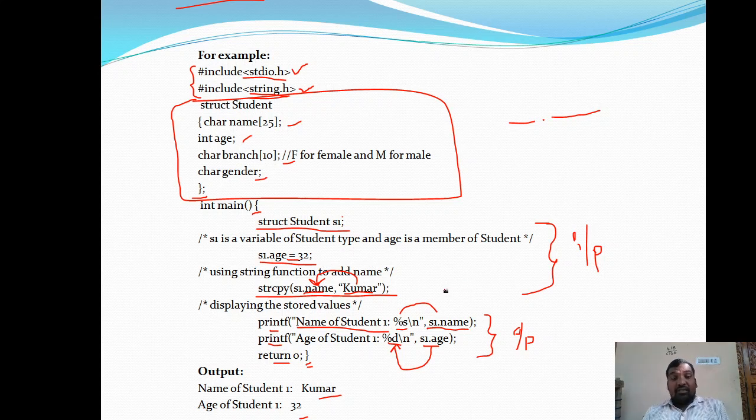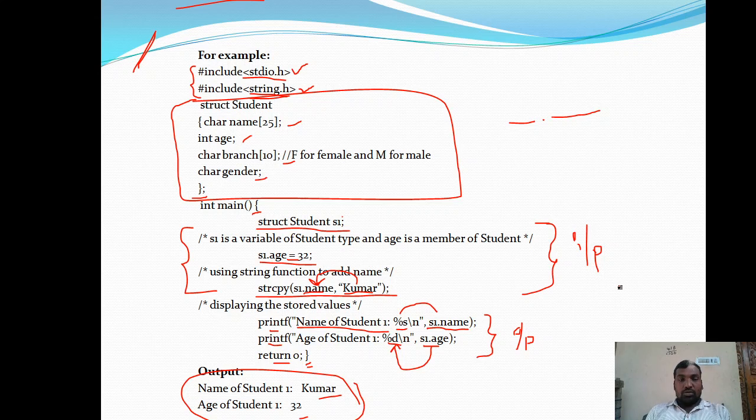If you want to read those values at runtime with different values... For example, if you execute this program 10 times, you will get this output 10 times without any modification. So if you are reading this student name and age from the student at runtime, then whatever input is given by the student, that output will be displayed.